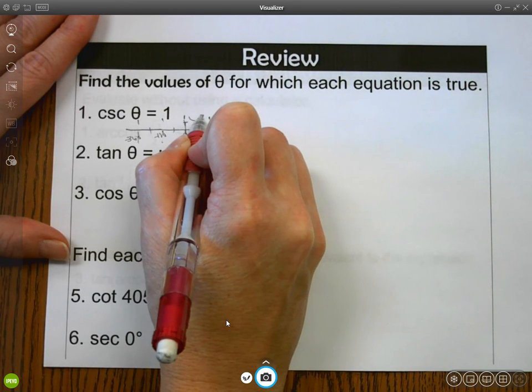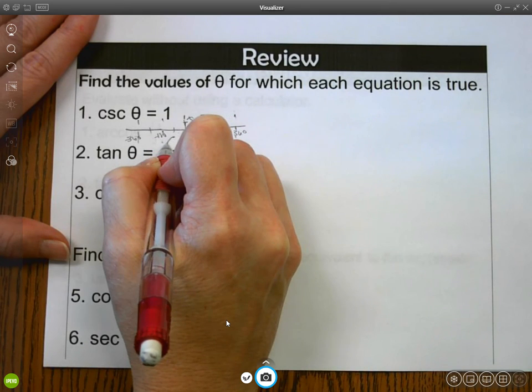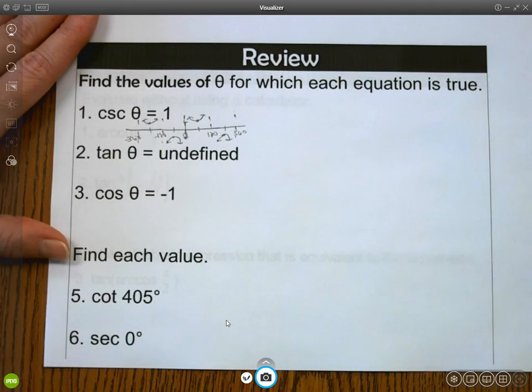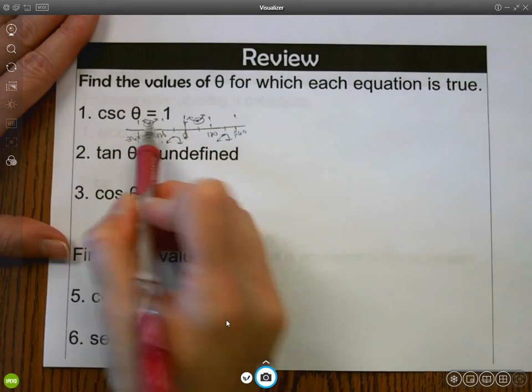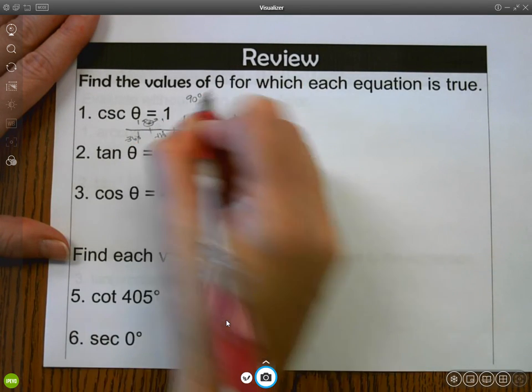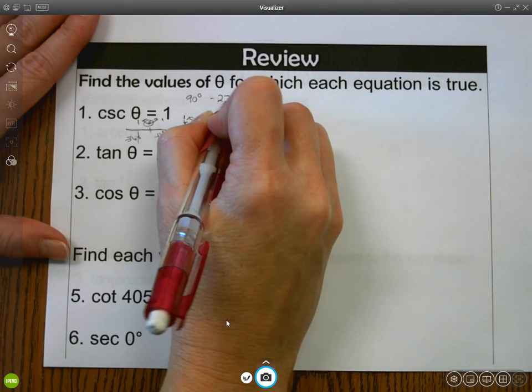We know in between these we have a 1, and then here we have a negative 1. You've got a u that goes up, a u that goes down, and then here there's a u that goes down, and here there's a u that goes up. All right, so when is cosecant 1? Well, cosecant is 1 here and here. So this is at 90 and negative 270.